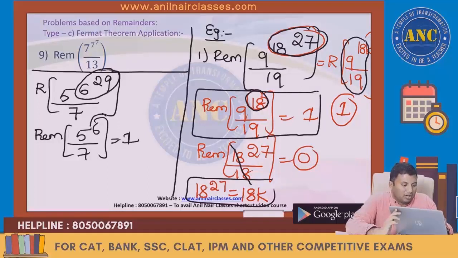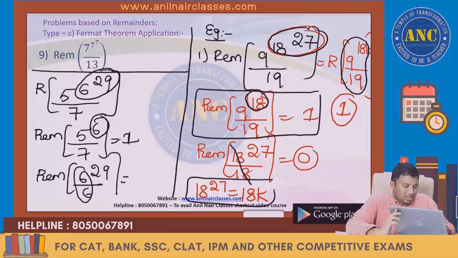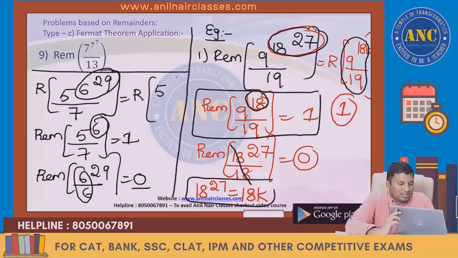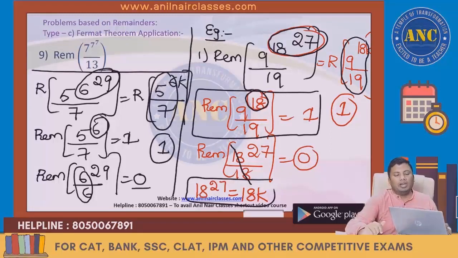Divide this power with this power: 6 power 29 divided by 6, 6 ones are 6, remainder 0. So 6 power 29 is perfectly divisible by 6, giving 5 power 6k divided by 7. 5 power 6 divided by 7 has remainder 1, and 1 power any number is 1.